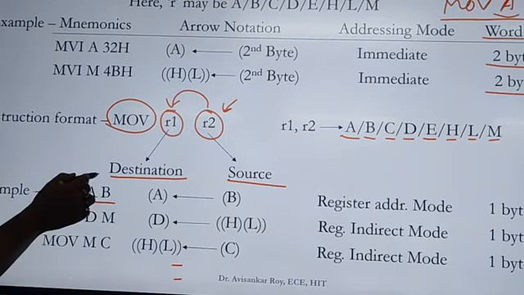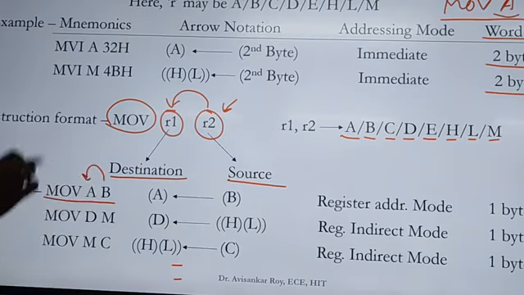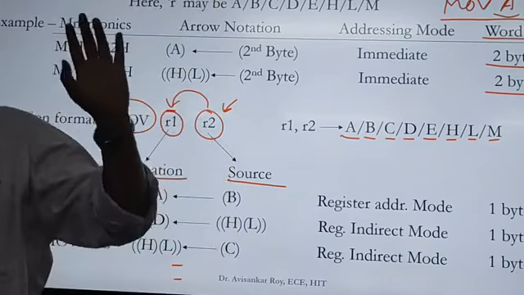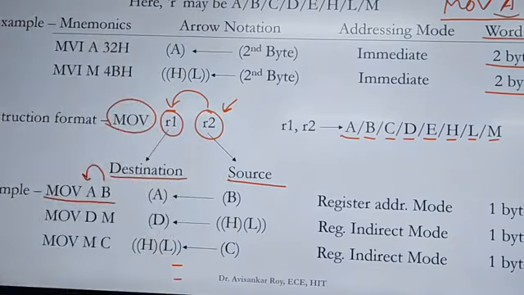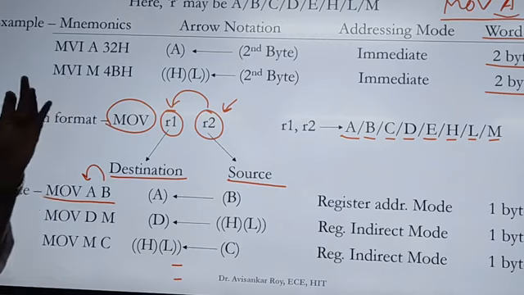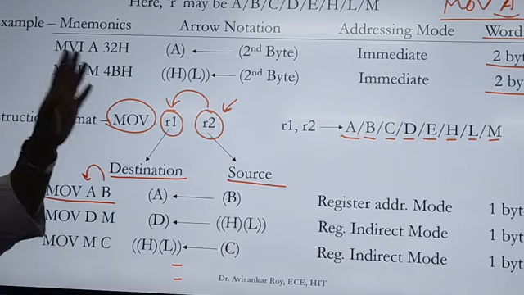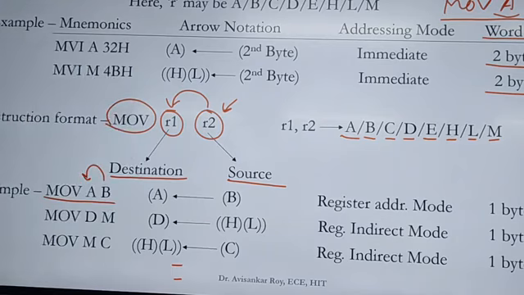The content of B will transfer to the accumulator. As we know, the register set of the 8085 microprocessor has the accumulator, flag, B, C, D, E, H, and L. These are 8-bit registers normally, and there are two 16-bit registers, the stack pointer and the program counter. So the accumulator, B, C, D, whatever it is, can contain a maximum of 8-bit data.